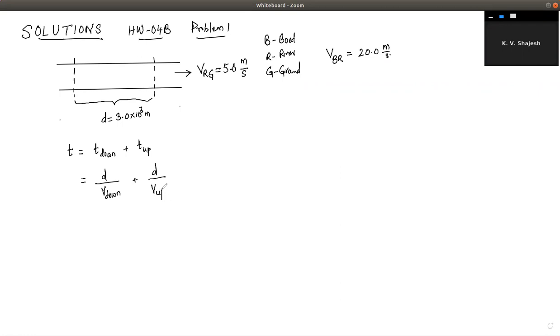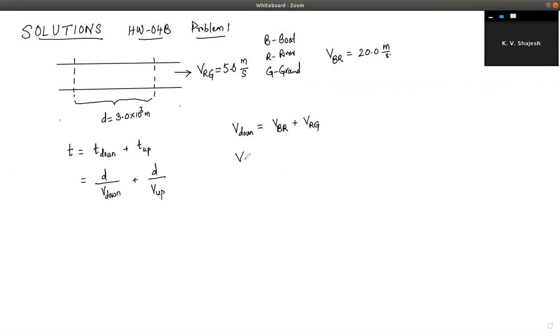Notice that velocity in the downstream motion will be velocity of the boat with respect to the river plus the velocity of the river with respect to the ground. Since the river is flowing in the direction of the boat, the total velocity will add up.